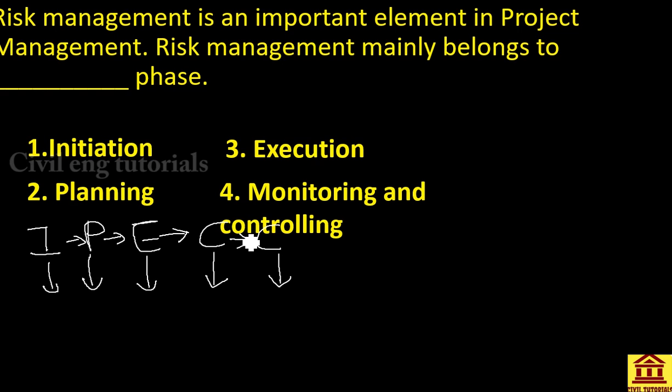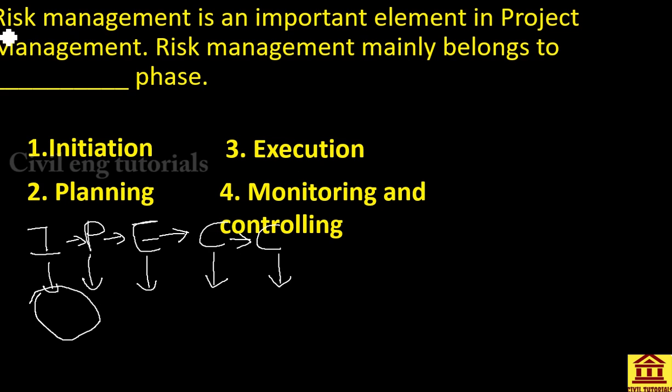In the initiation phase, we can do some processes such as undertaking the feasibility studies, identifying scope, identifying deliverables, and identifying our stakeholders, etc. So those are the things that we can see in the initiation phase.